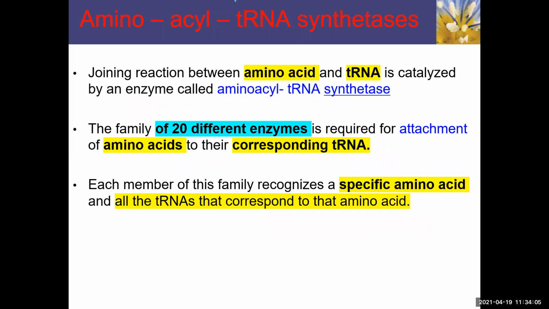So yeah, the most important point which you need to remember here is that we have 20 different enzymes, okay? The enzymes called amino acyl tRNA synthetase help in attaching the amino acid to their corresponding tRNAs, right?